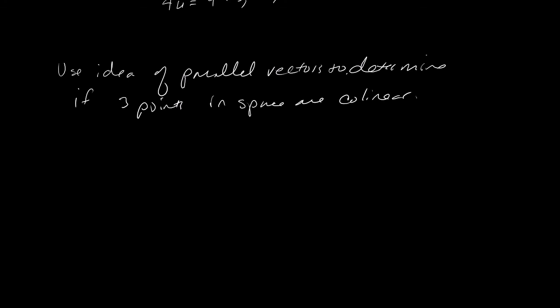Okay, so we can kind of use that idea. If one of the vectors from one point to another point is parallel to a vector from the next point to the third point, then we've got it. So let me draw what I'm talking about here. Suppose I've got 3 points in space: P, Q, R. Now in space, it is very possible that these are in fact collinear. Maybe they are all on the same line, just like this.